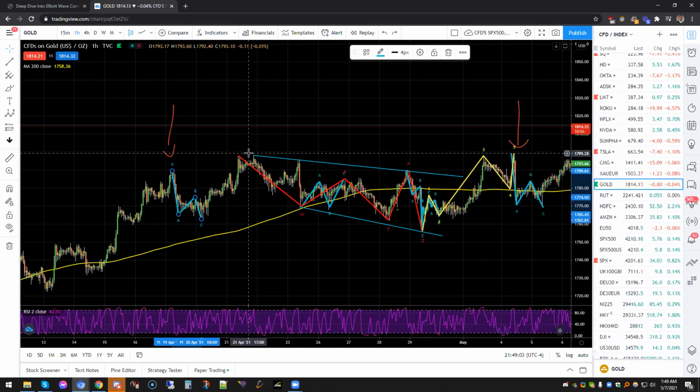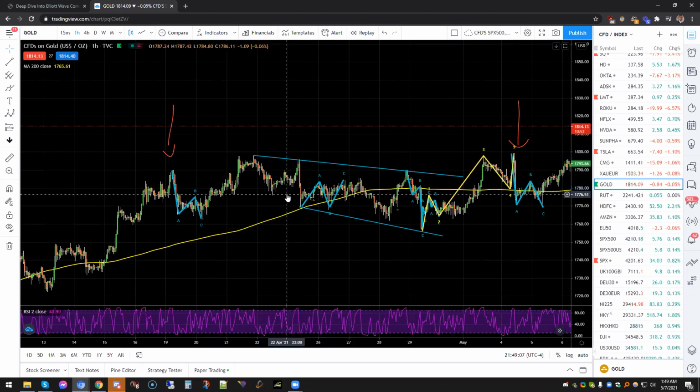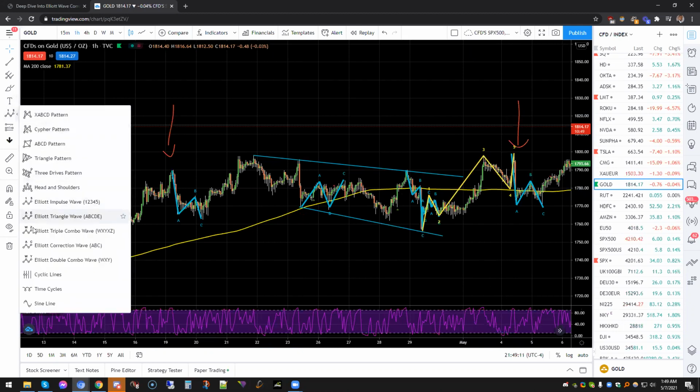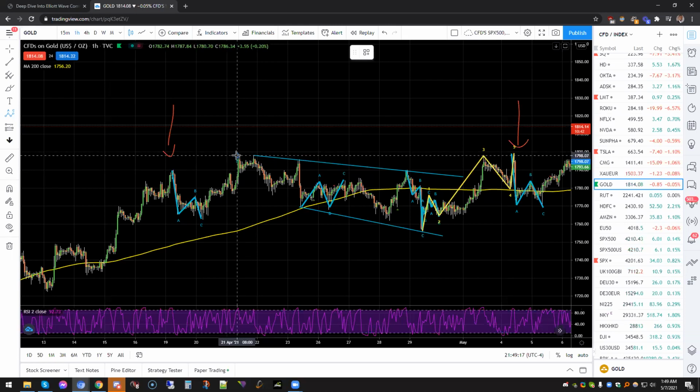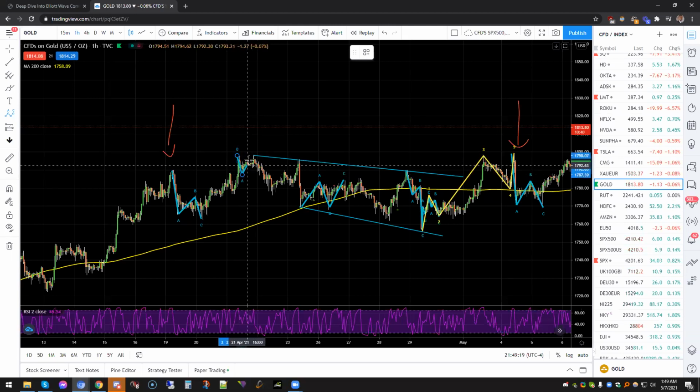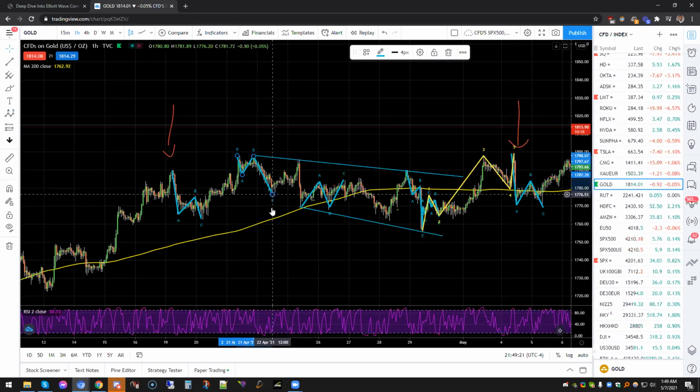So if you got a three-wave move here, as you can see, let me just take this off. If you had a three-wave move here, if you look at this properly, this is 1, 2, and 3. Okay? Wave A, short wave. Wave C, long wave.